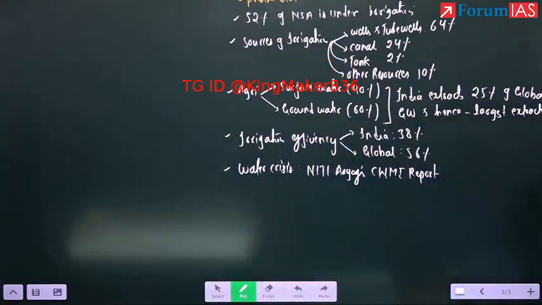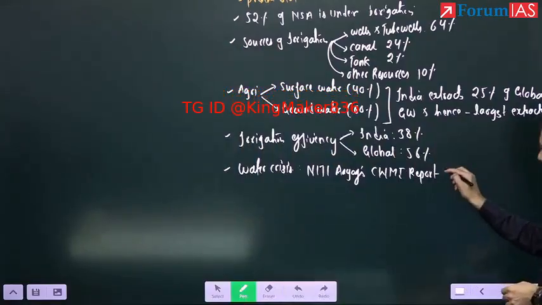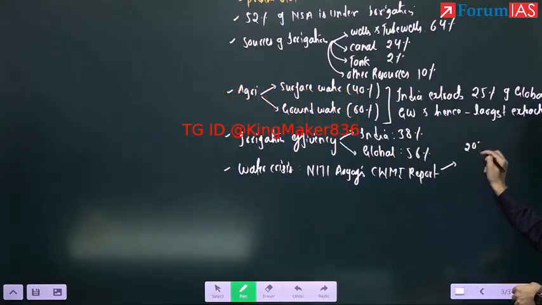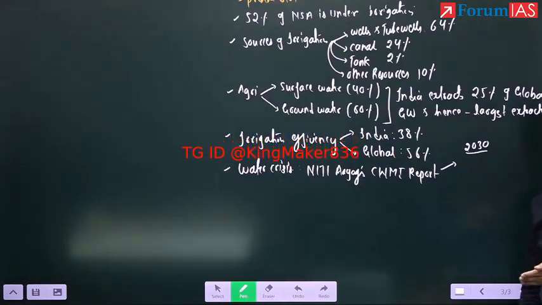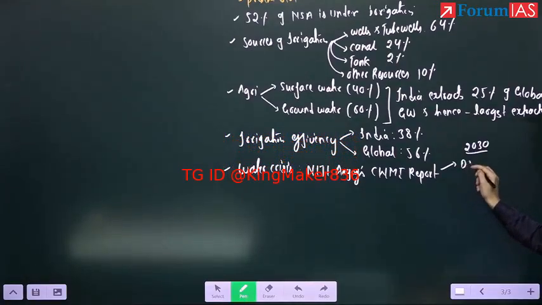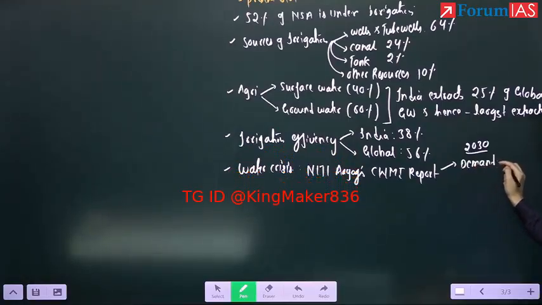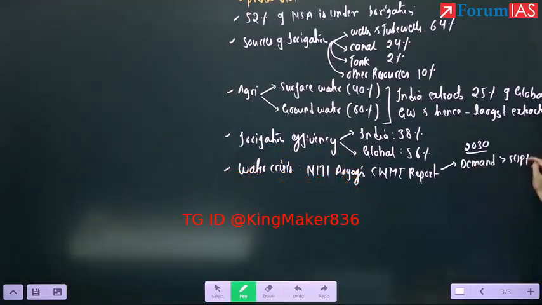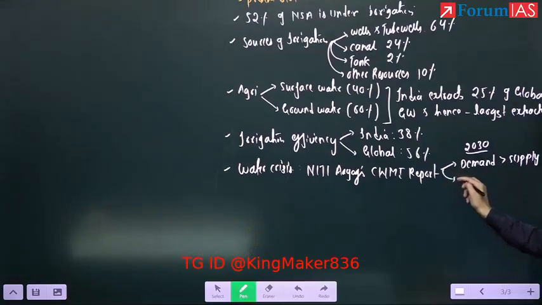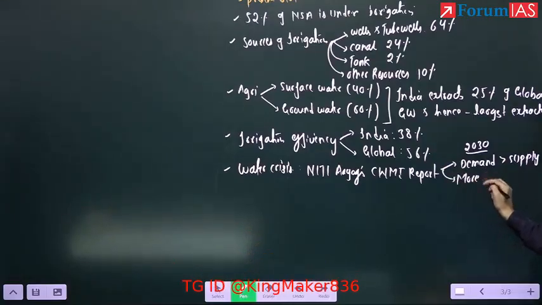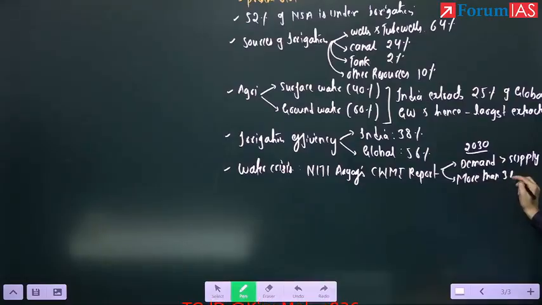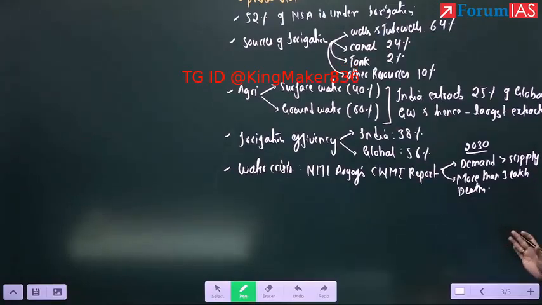Because of this crisis, it says that by 2030, the next 5 years, the demand for water will be far higher than the supply. It says more than 3 lakh deaths could occur because of lack of access to clean and potable drinking water.